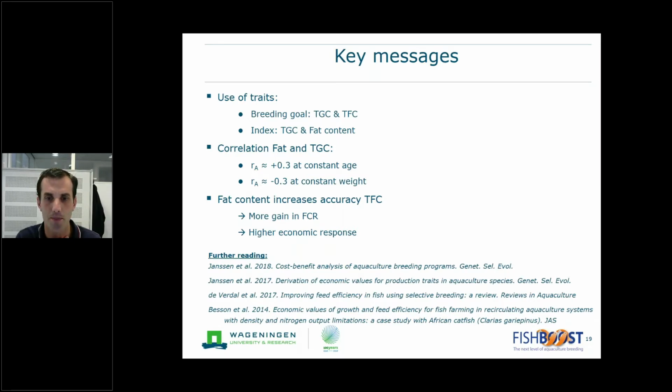So you're saying that if you would just say that you increase growth rate by 10%, it would depend on when the fish was stocked, how much earlier you could harvest.